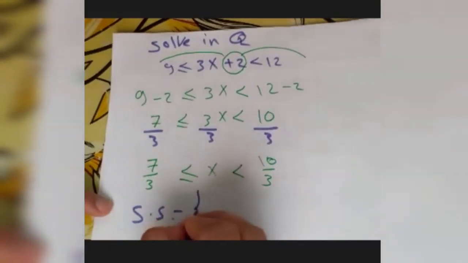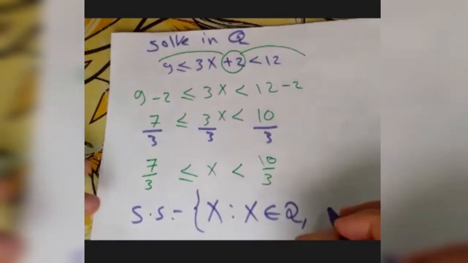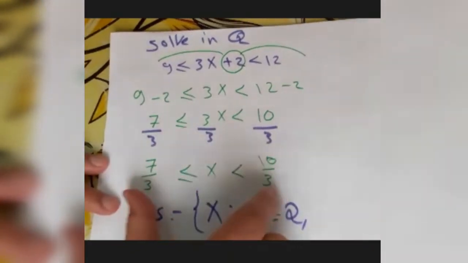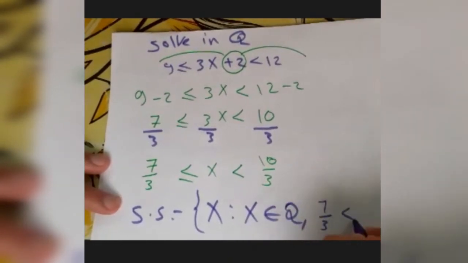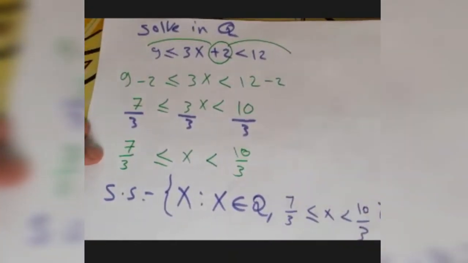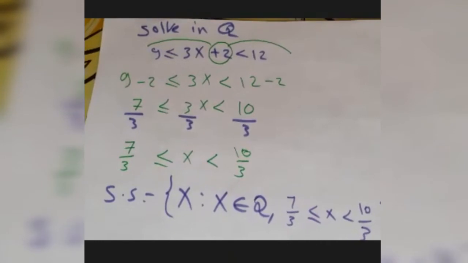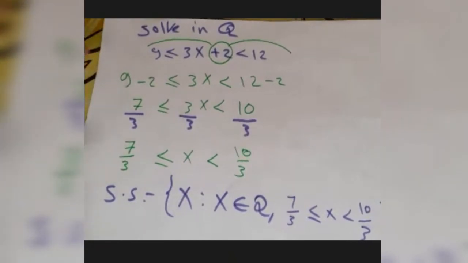SS equals the set of x such that x belongs to Q, and write the form 7 over 3, x, 10 over 3. In this example, this inequality has three sides.